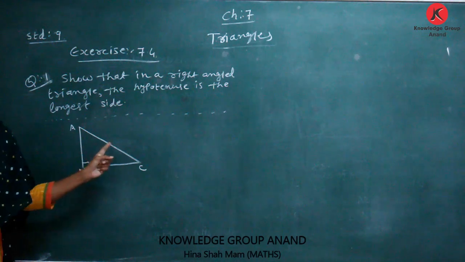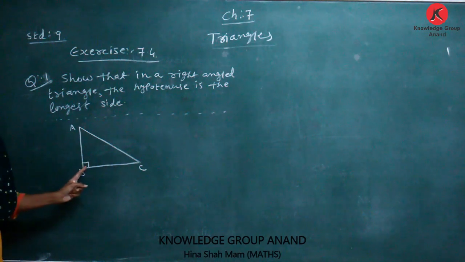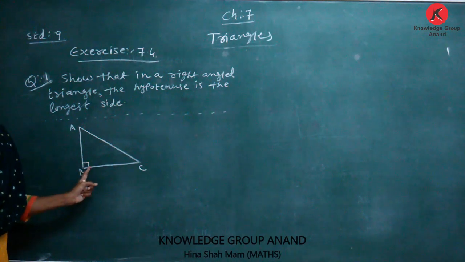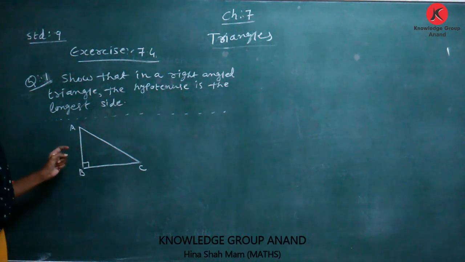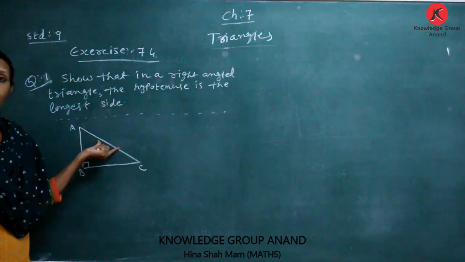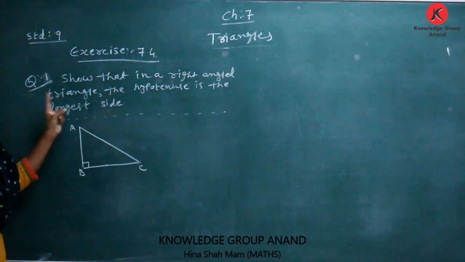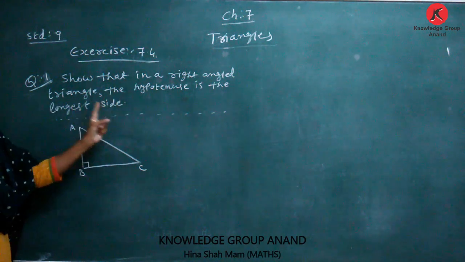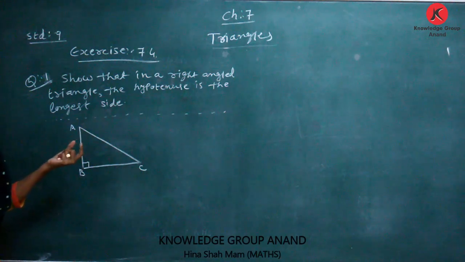Triangle ABC is a right angle triangle in which angle B is equal to 90 degrees. Which is the hypotenuse? AC is the hypotenuse. Then prove that the hypotenuse is the longest side.